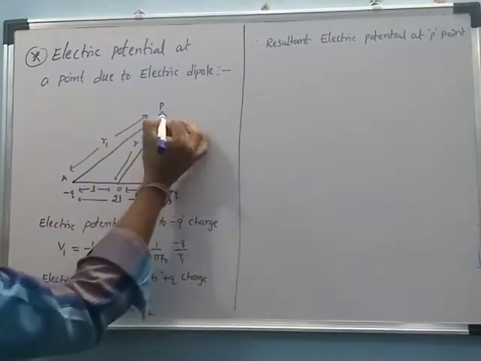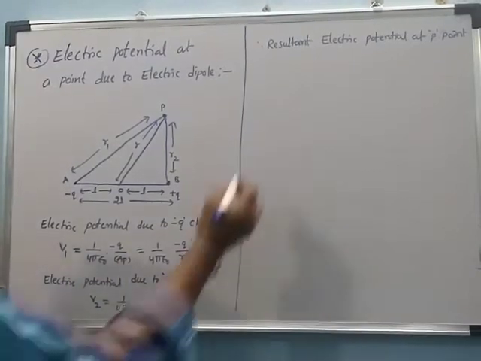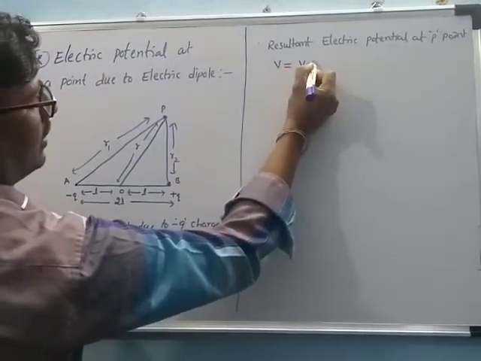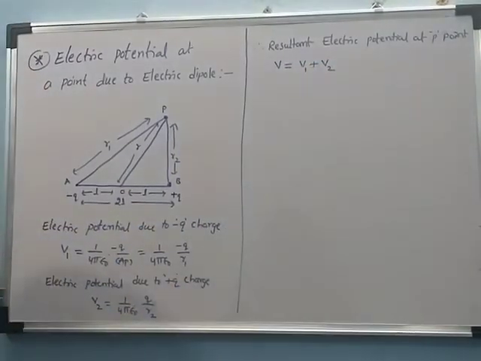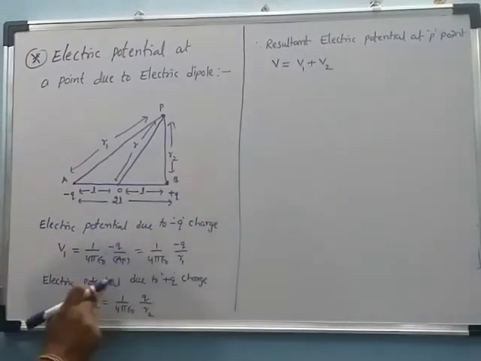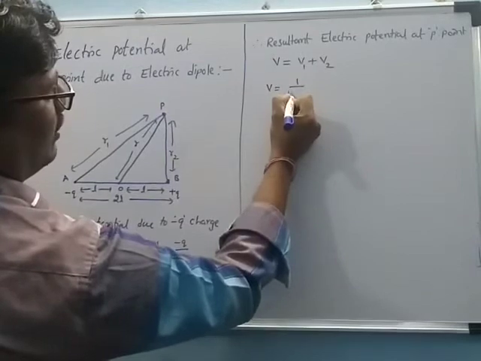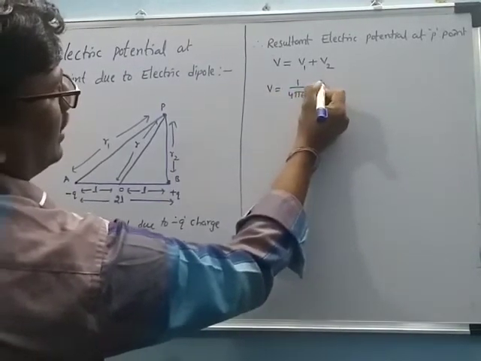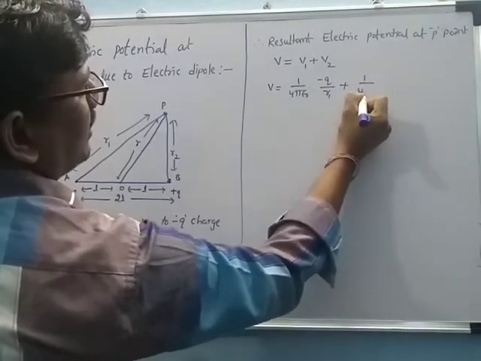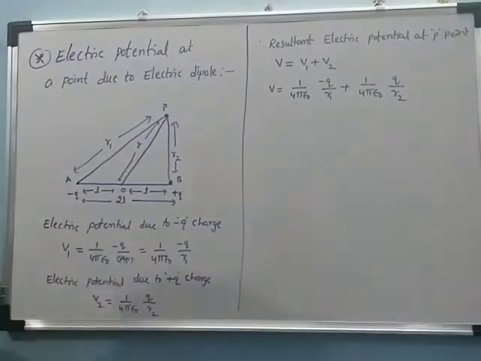We can find the resultant electric potential at the point P. What is the formula? Resultant V is equal to V1 plus V2. Substituting, V is equal to 1 by 4 pi epsilon naught times minus Q by R1, plus 1 by 4 pi epsilon naught Q by R2.